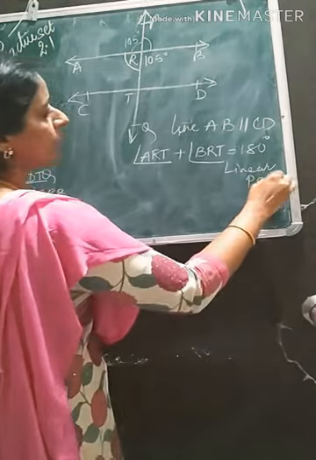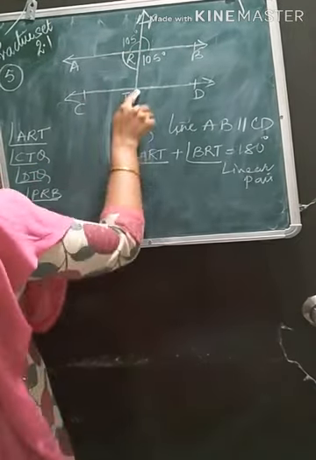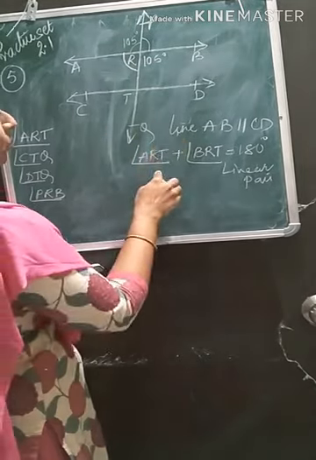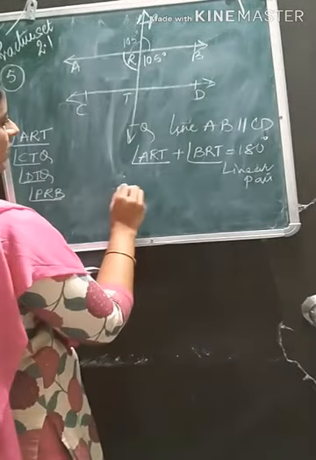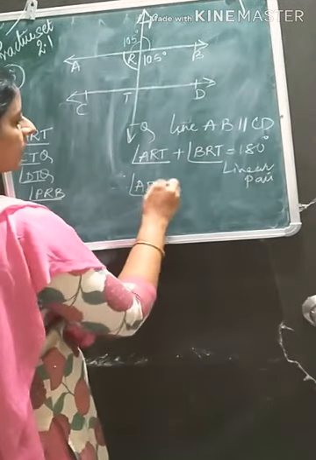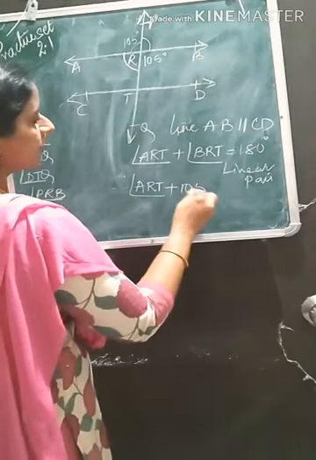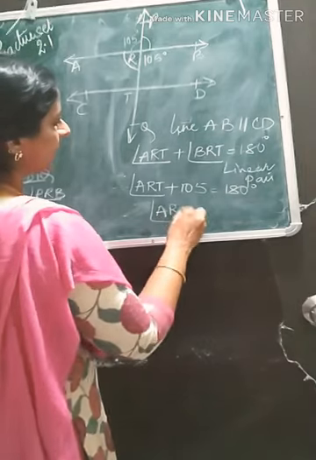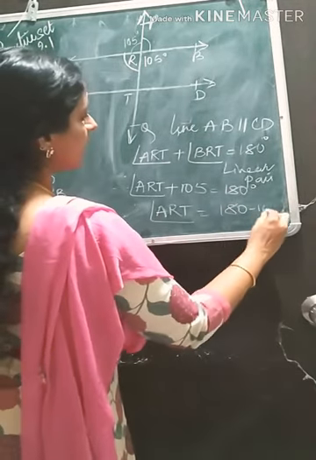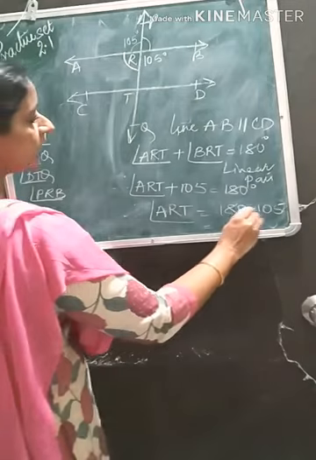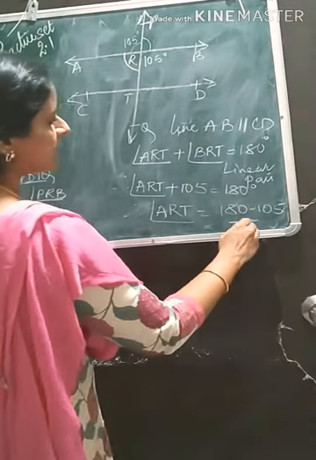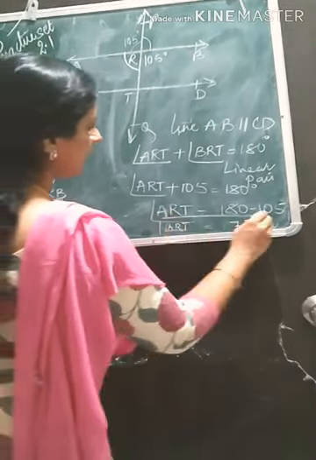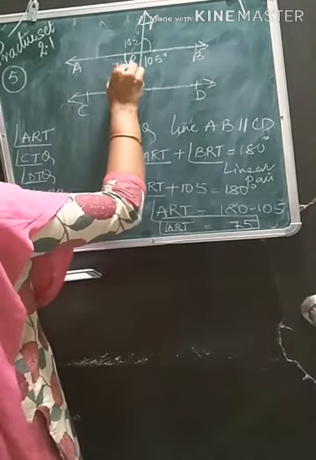Okay, I'll give you a clue, you have to do it. ART and BRT both are a linear pair. ART we don't know, BRT we know as 105. So ART plus 105 equals 180. Therefore angle ART will be 180 minus 105, which is 75. After you get ART as 75, mention it here, 75 degrees.